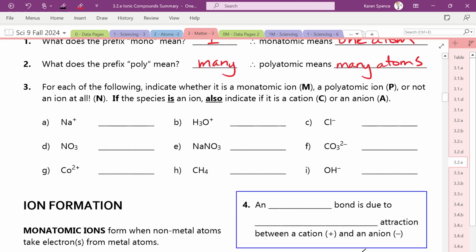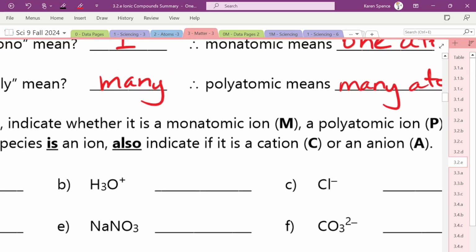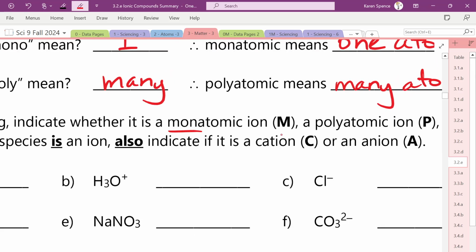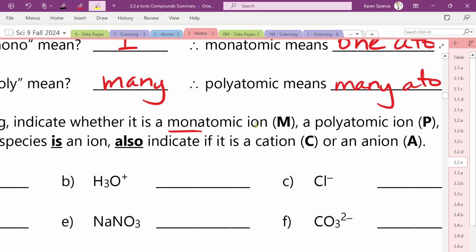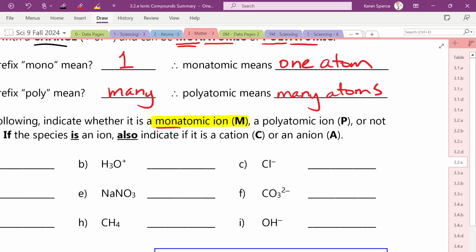So for each of the following, you are going to decide, is it a monatomic ion, in which case you're going to label it M. Is it a polyatomic ion? In which case you're going to label it P.